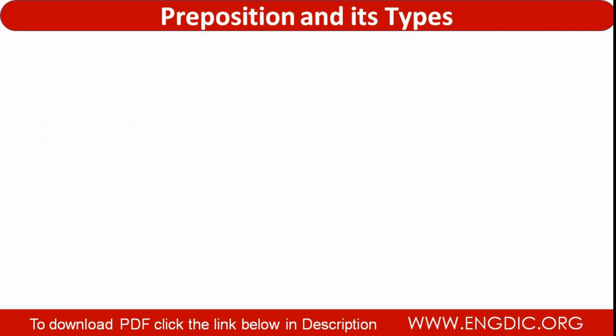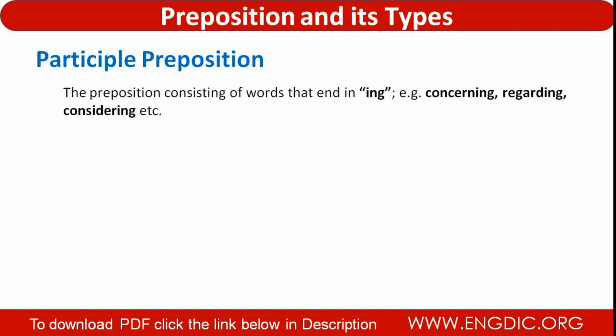The next type is participle preposition. The prepositions consisting of words that end in ing, for example, concerning, regarding, considering, etc. They are basically participles used as prepositions.